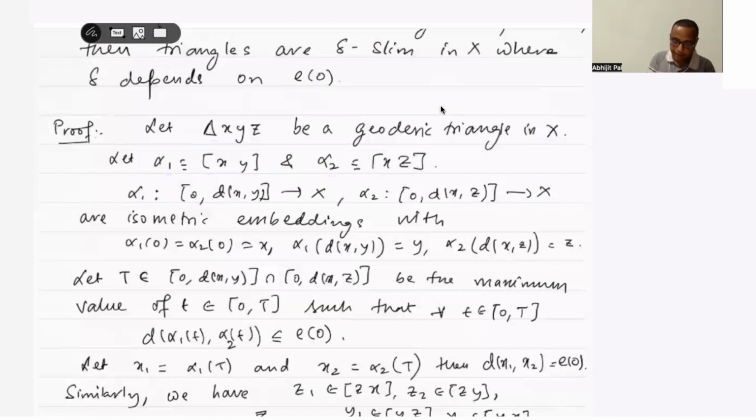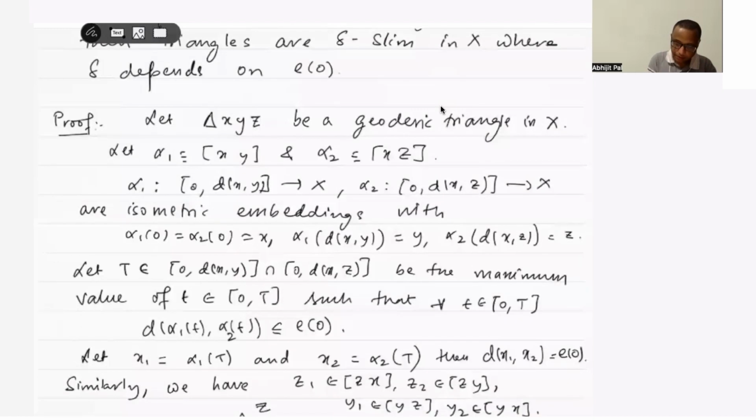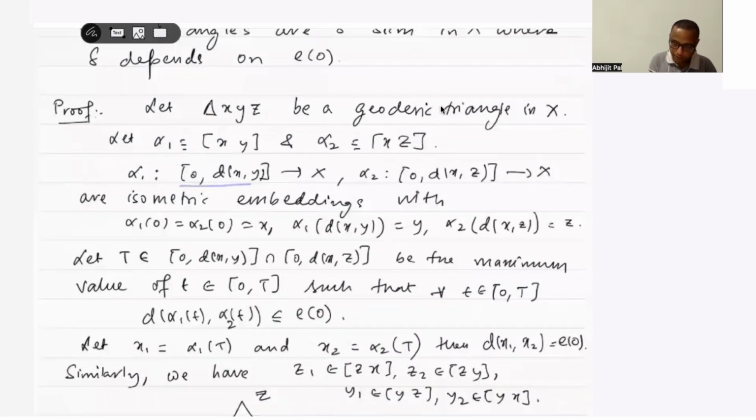Written as maps, alpha 1 is a map from the closed interval 0 to dXY to X, and alpha 2 is a map from the closed interval 0 to dXZ to X, such that alpha 1 and alpha 2 are isometric embeddings. It means that the distance between alpha 1 s and alpha 1 t is equal to mod of s minus t, where s and t lie in the interval 0 to dXY, and similarly for the map alpha 2 also.